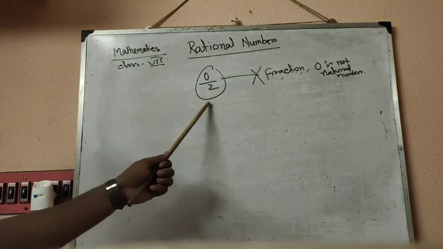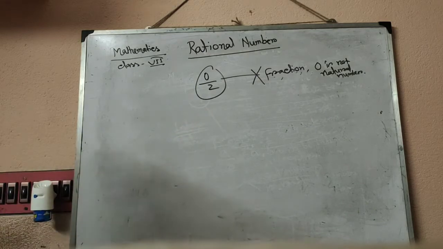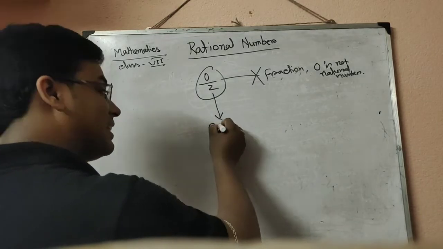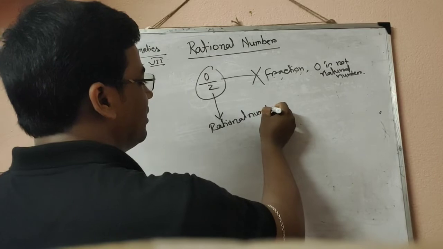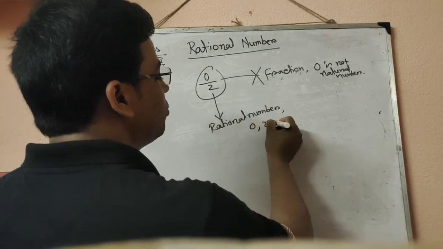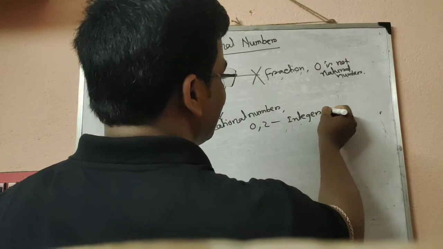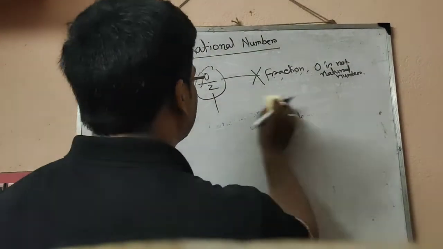It will be a fraction when the numerator and denominator are natural numbers. But 0 by 2 is a rational number because 0 and 2 are integers. Clear?